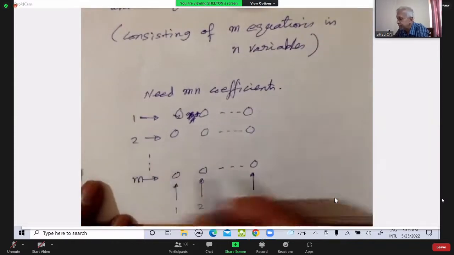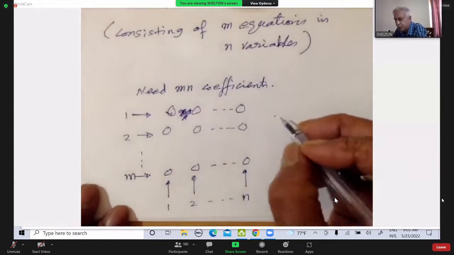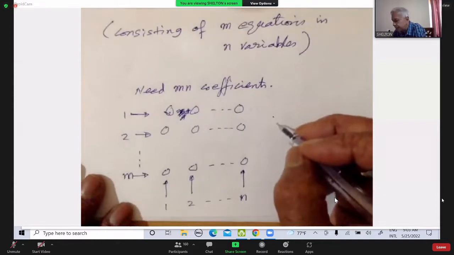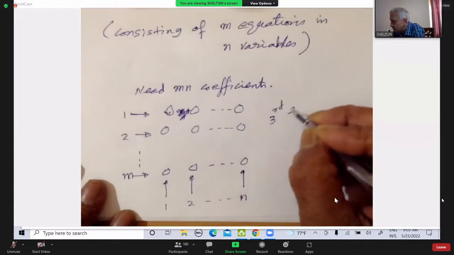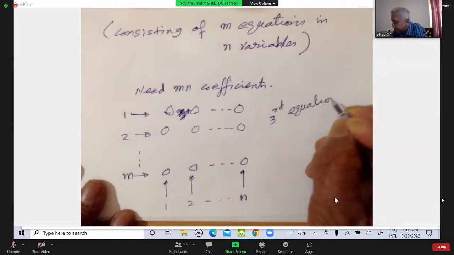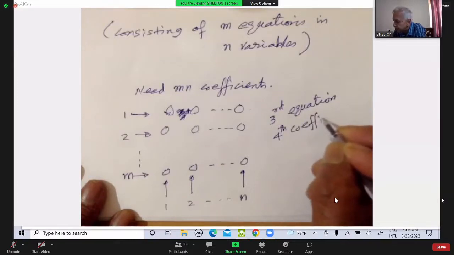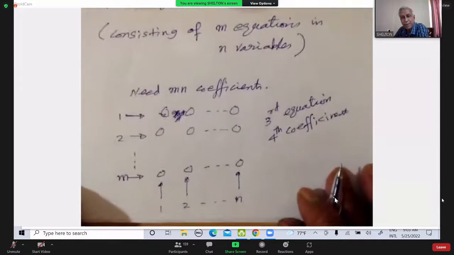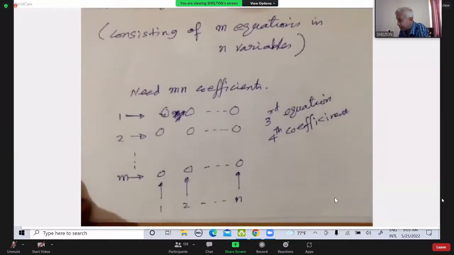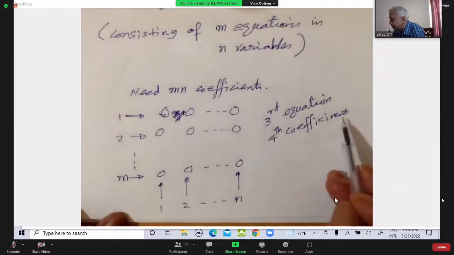So if I want to write the third equation, fourth coefficient, what is the notation? Remember earlier, when there are a lot of variables, we had to use the subscript notation. Here also we shall use the subscript notation to denote the coefficient.